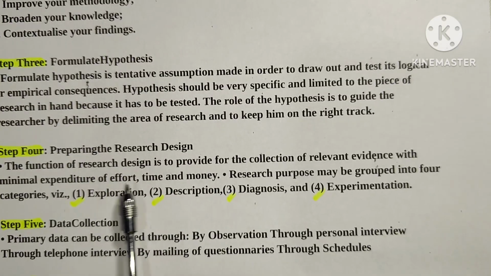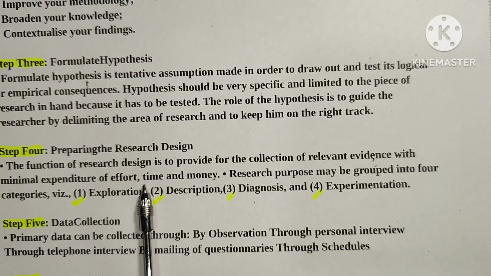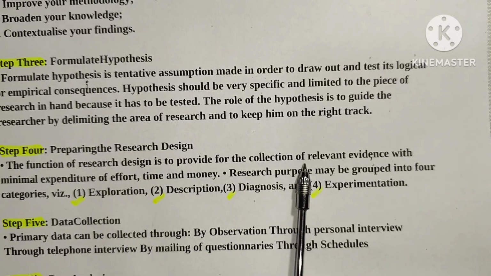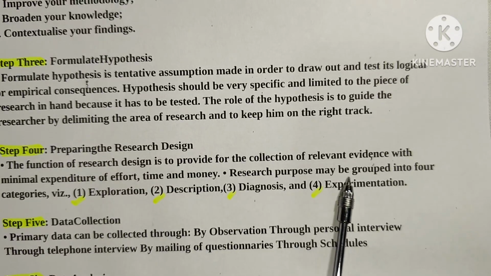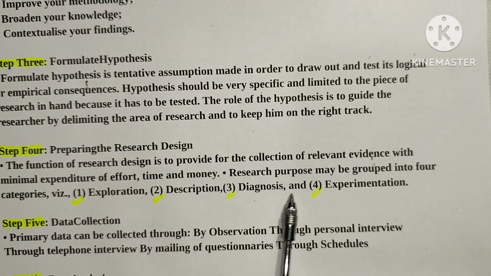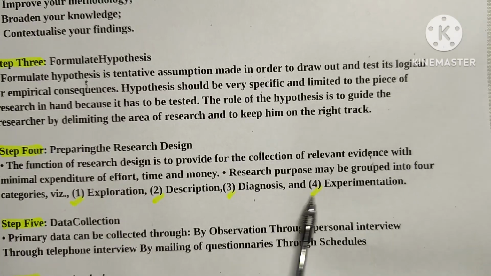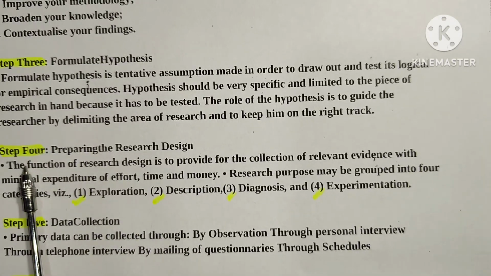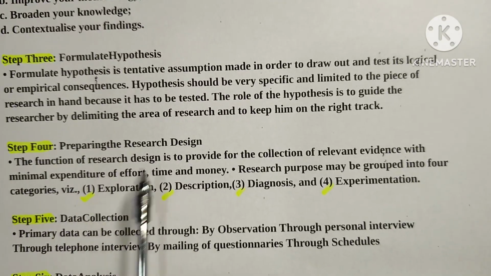This will guide us properly, without spending much effort, time and money, on how to collect the data. Research purpose may be grouped into 4 categories: exploration, description, diagnosis and experimentation. Okay, so this is step 4, preparing the research design.